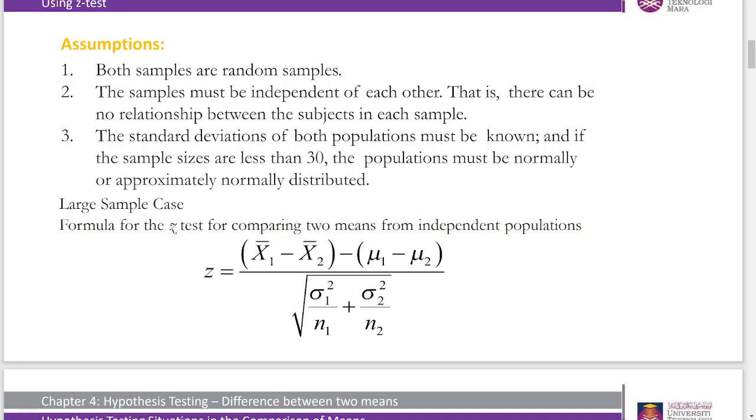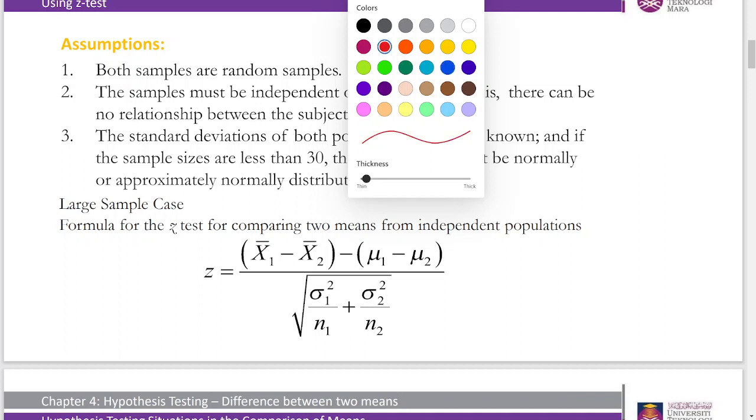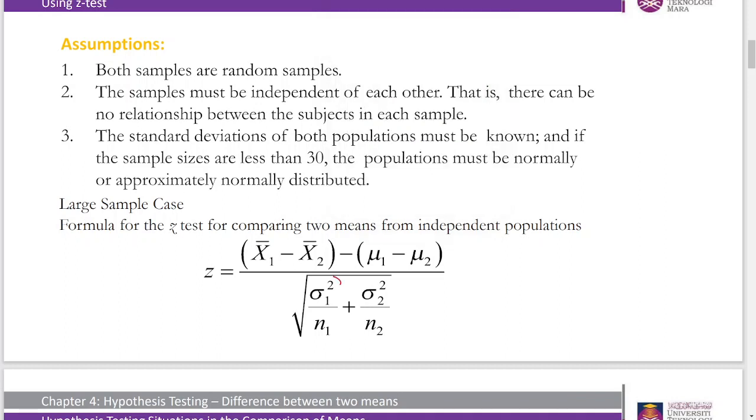If you look at this one, it uses the symbol sigma over here. So in this situation, that means sigma is known. Maknanya sigma 1 dan sigma 2 diketahui. Kalau sigma 1 dan sigma 2 diketahui, maka kita boleh gunakan Z test.